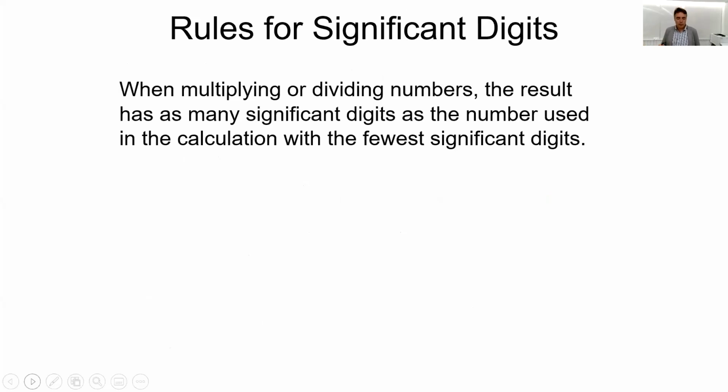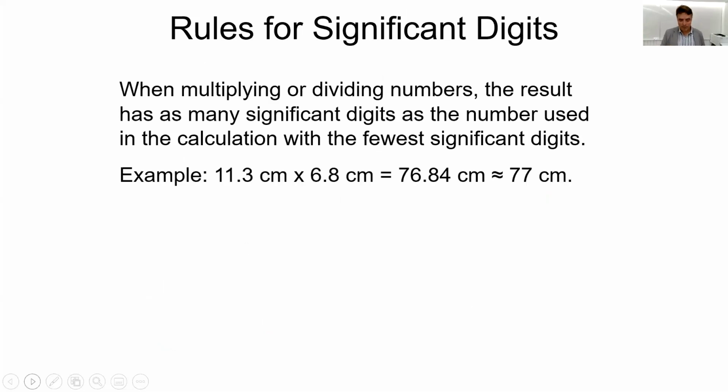Rules. When you are multiplying or dividing numbers, the result, the product or the quotient, has as many significant digits as the number in the calculation that had the fewest significant digits. Example, 11.3 times 6.8. Maybe I'm calculating the area of a rectangle that is 11.3 centimeters wide and 6.8 centimeters in length.